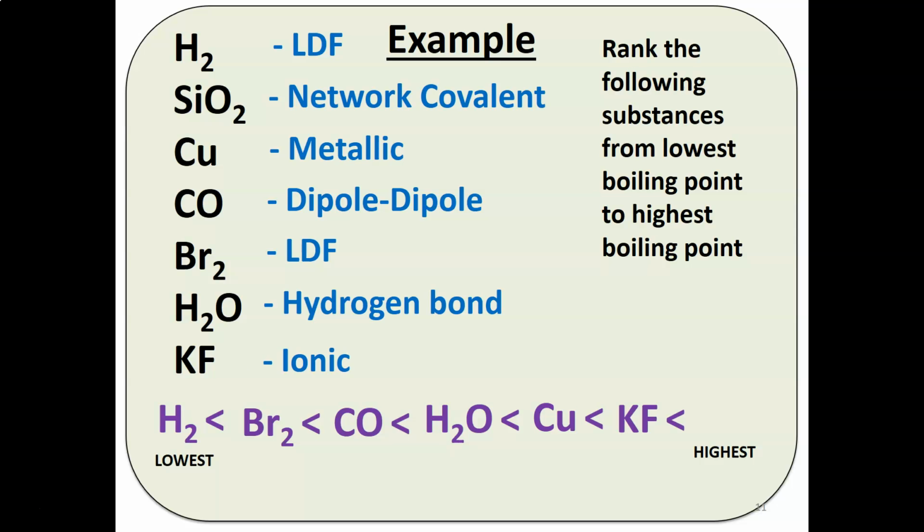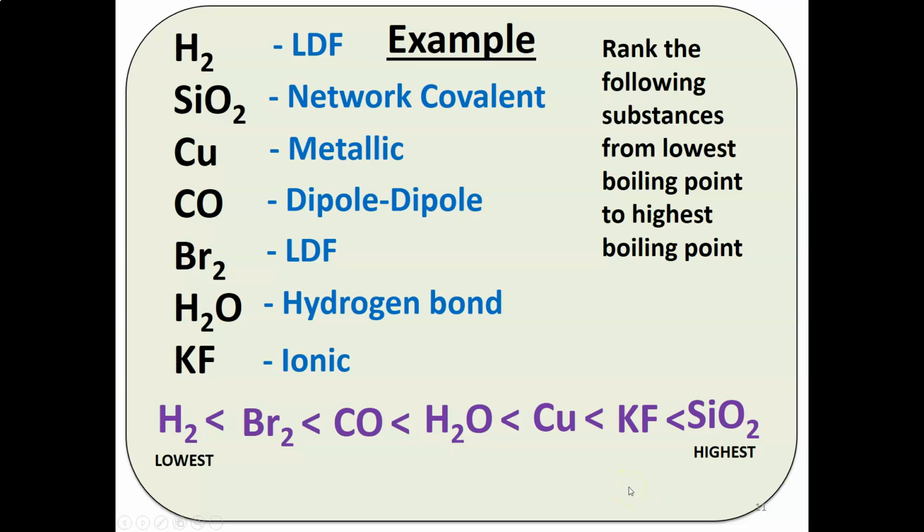And then the strongest thing with the highest IMFs and the highest boiling point would be that network covalent. This time our network covalent was silicon dioxide. So hopefully you can kind of see that I had to identify what they had first, and then I could rank them.